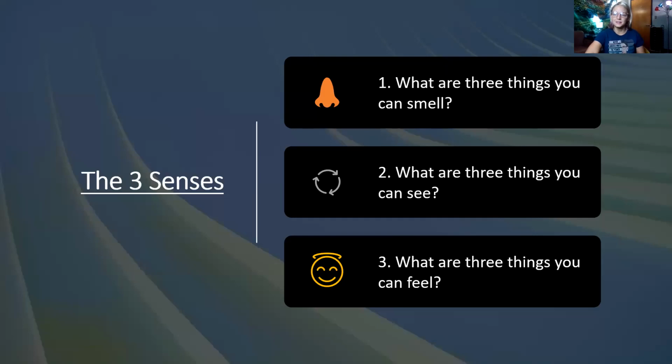We'll look at the three senses. So just in this moment, offering yourself some curiosity about what are 3 things in the room that you're currently in that you can smell? This could be essential oils that you might have. I have some right here on my desk that I can smell.